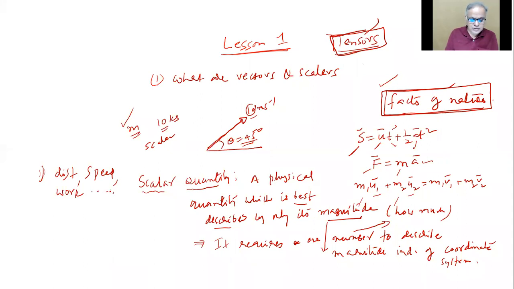If you go to electricity, you'll talk of potential, electric potential, because this is also a kind of work. Distance, speed, work, potential, mass are a few examples of scalar quantities.